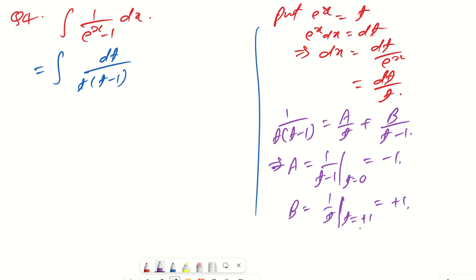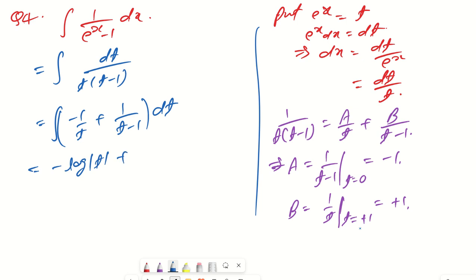So what we are going to get, my integration becomes integration of minus 1 by t plus 1 by (t minus 1) dt. And this is going to be very easy. Minus 1 by t is what? Minus log of t plus log of (t minus 1) plus some constant c.